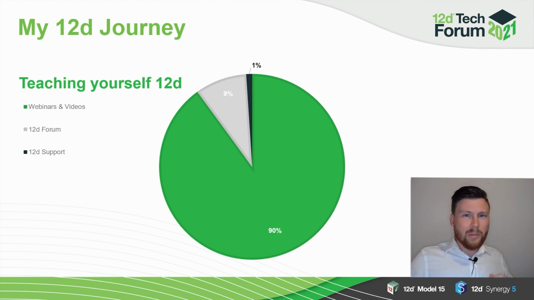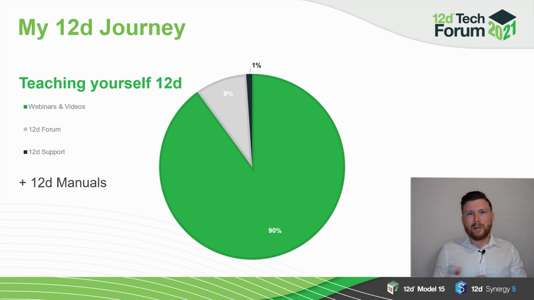Of course, what I haven't mentioned here is the 12D manual, obviously how to use 12D. I can think back again to when I first started with it, being a fairly new user. The first 3 months of using 12D, I would left click, right click, accept. 3-step process to select something.